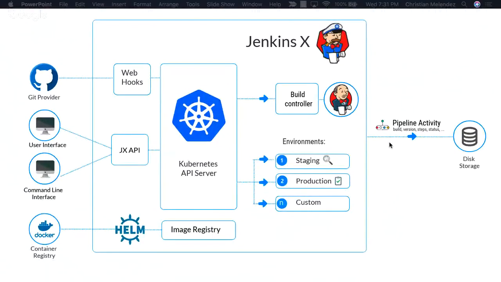And this is how it looks. So let's take a look at this. You will have here the Git provider. Remember that Jenkins X is leveraging heavily on Git. You will have here, for example, a user interface or a command line interface to interact with the Jenkins X API.